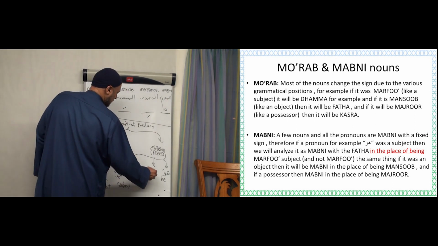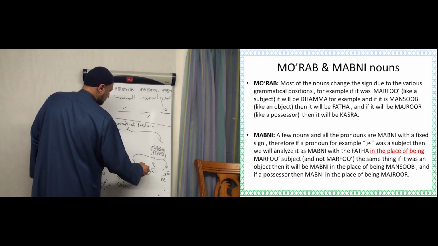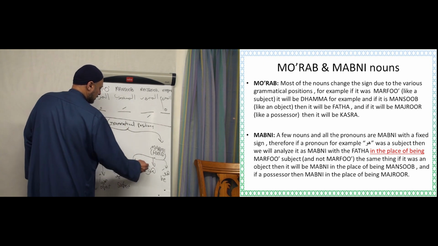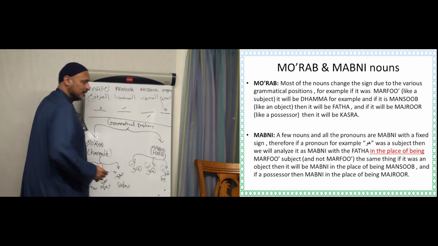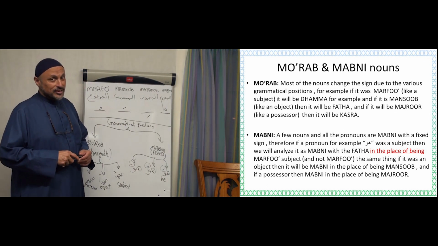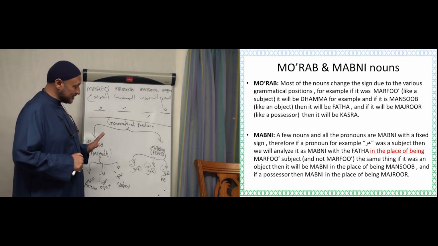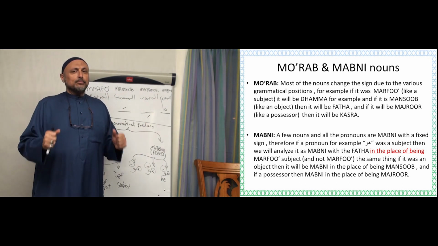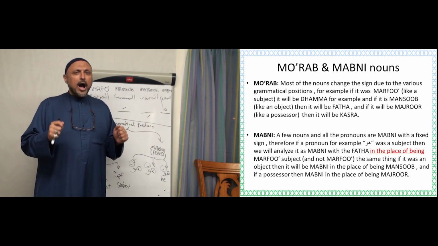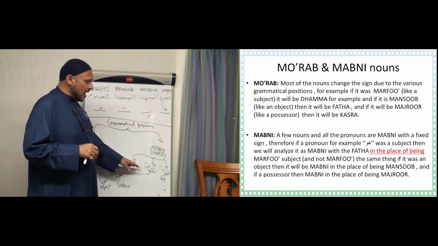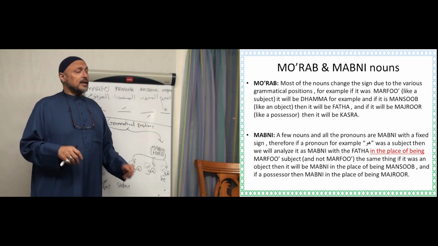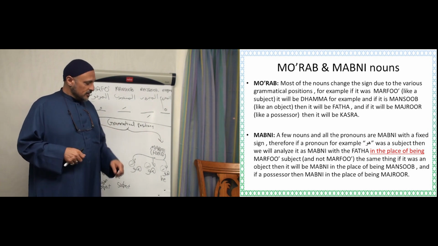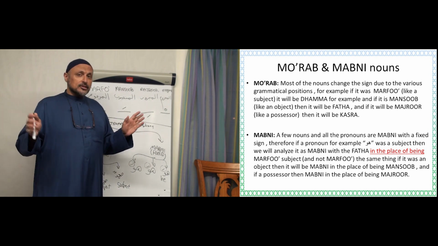It will be huwa here as well, and it will be huwa here as well. So huwa, huwa, huwa. This one is fixed. It doesn't want to change. I'm going to be a subject, but I'm going to stick to my huwa sound. I can become an object, but I'll stick to my sound, and I can become a possessor.